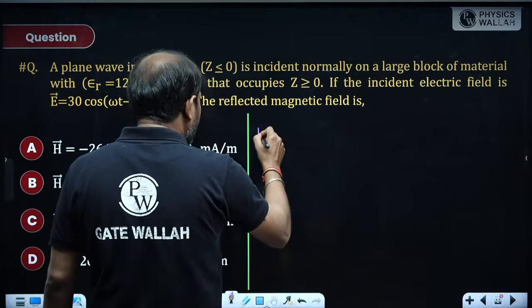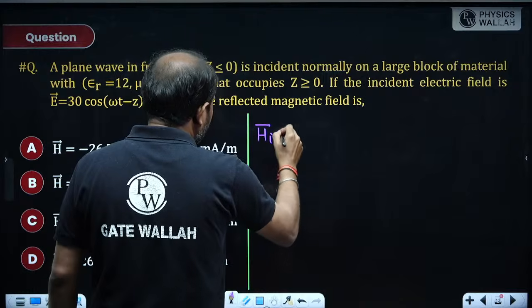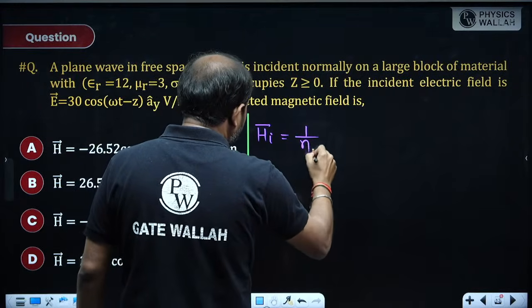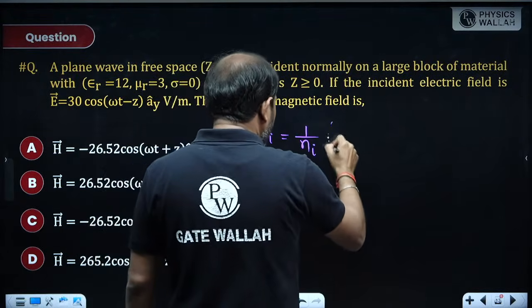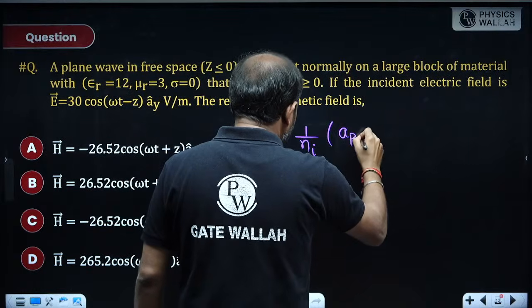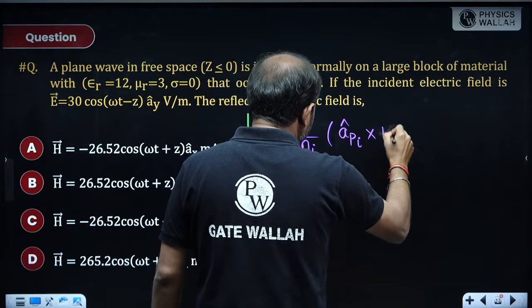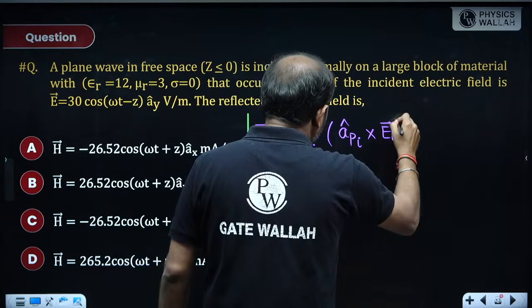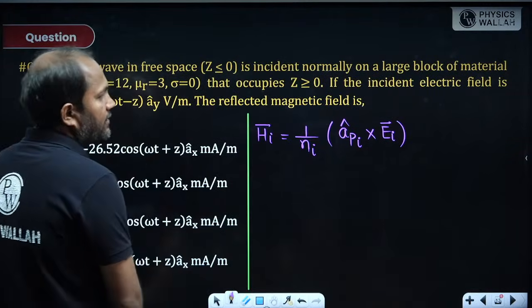So first of all, I will calculate HI. HI is equal to 1 by eta I into a_P I cross E I. This is the formula for electric field to magnetic field conversion.